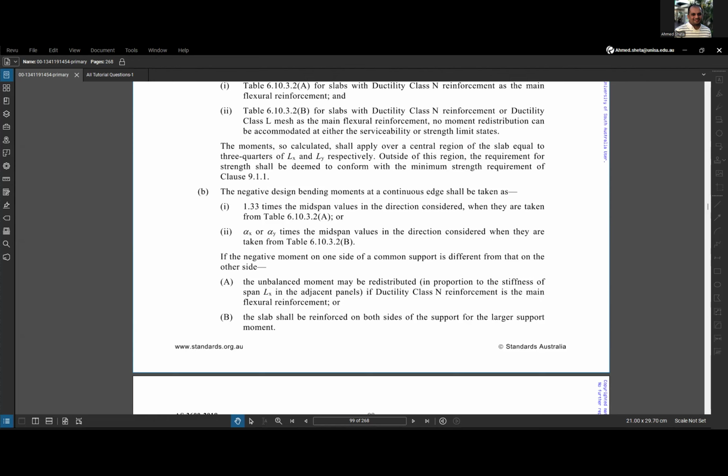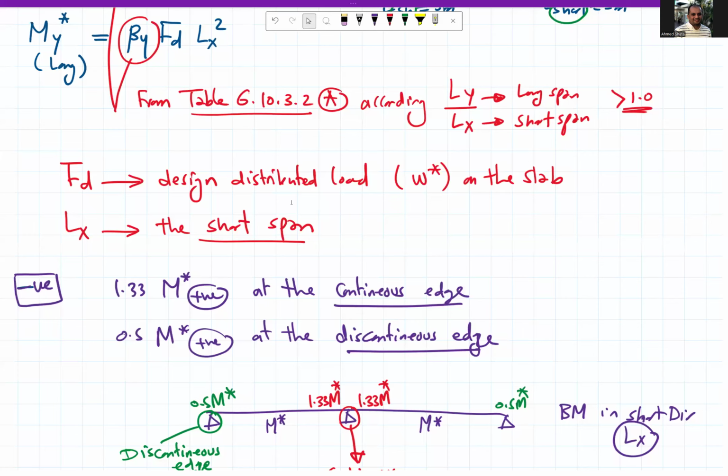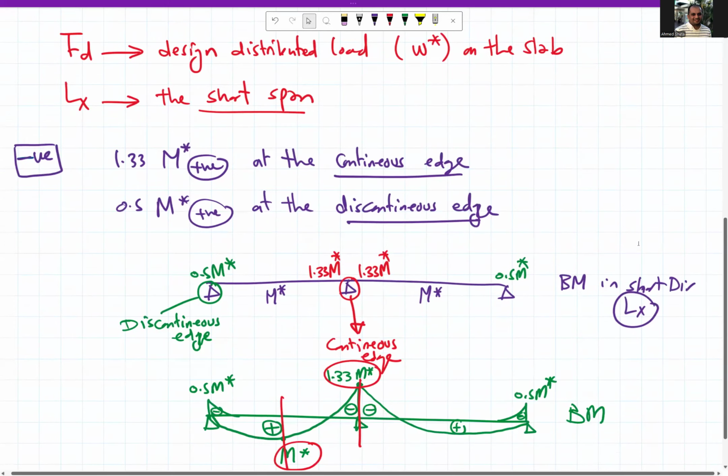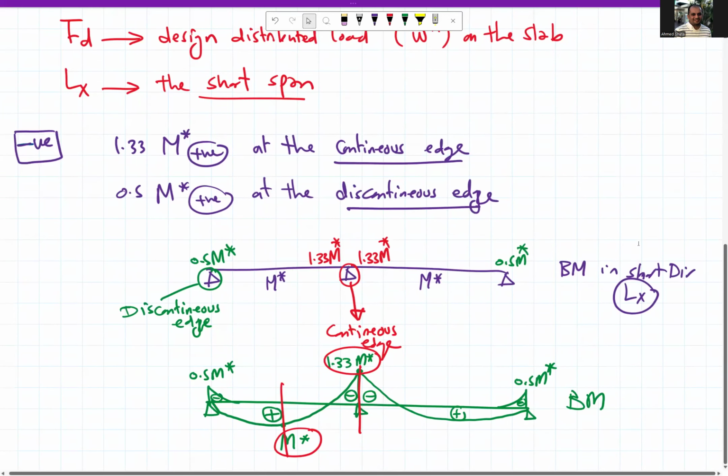So if we look at this example, I will repeat this part again because I was sharing the other slide.